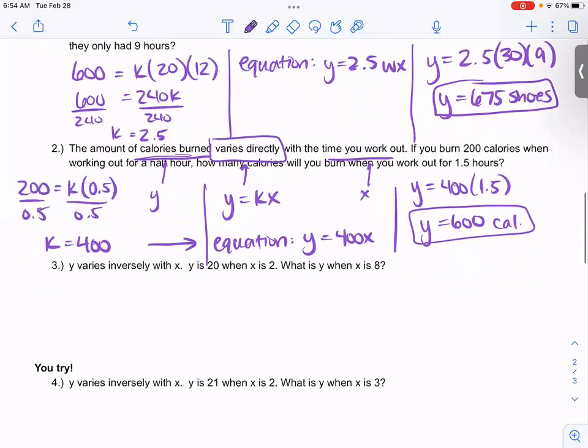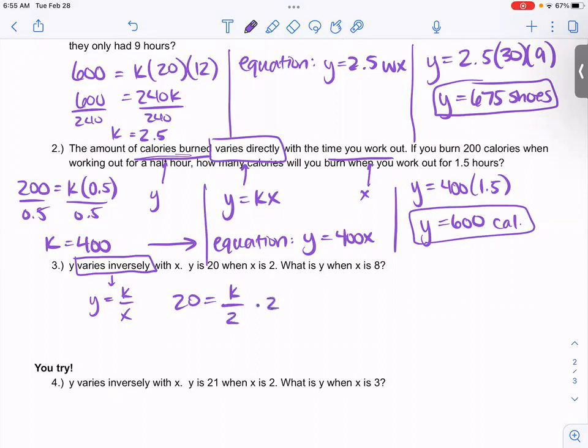And lastly, we have an inverse relationship. So y varies inversely with x, which is going to tell us to use the next equation. Y equals k divided by x. Y is 20 when x is 2. There's our situation. So 20 equals k over 2.